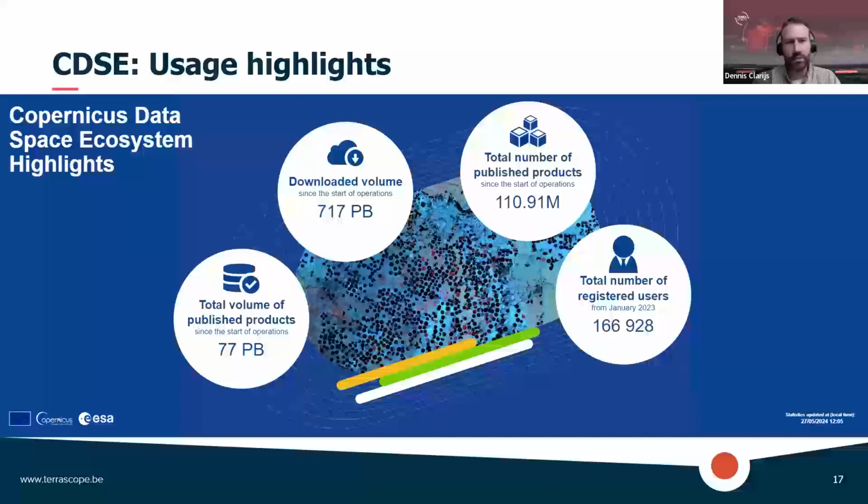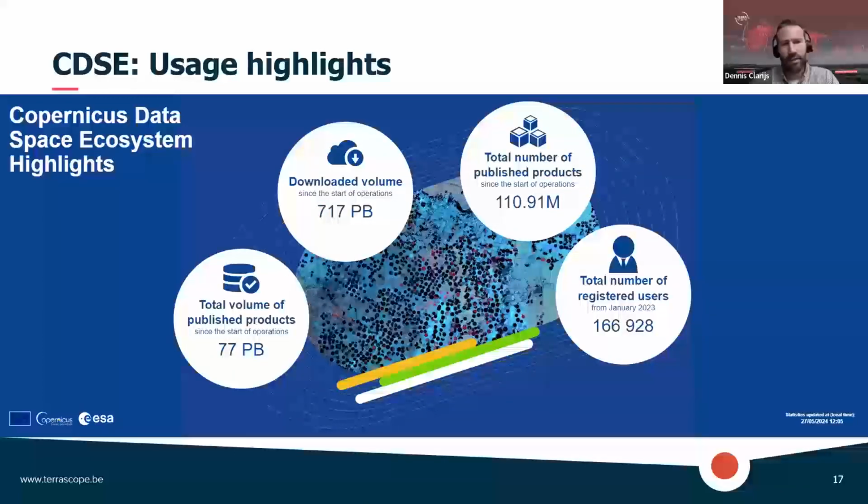So today, the Copernicus Data Space Ecosystem has, let's say, a tenfold download of what is there in the ecosystem. More than 700 petabytes have been downloaded since the start of operations. Millions of products, to be more precise, 111 million products, are published since the start of operations.